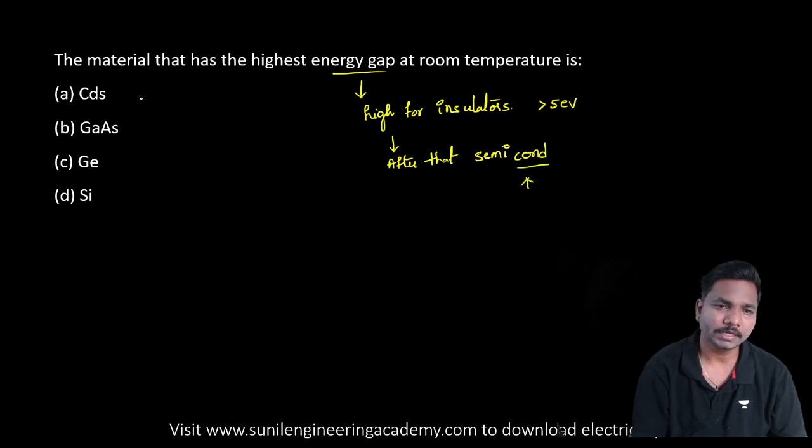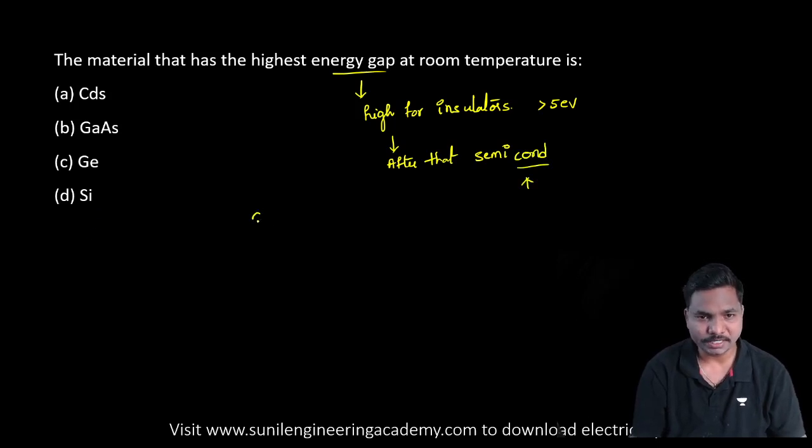Here all are semiconductor type devices. In this, CdS is very high, that is 2.42. Cadmium sulphide has 2.42, gallium arsenide approximately 1.44 electron volt, germanium 0.67 and silicon 1.1 electron volt.